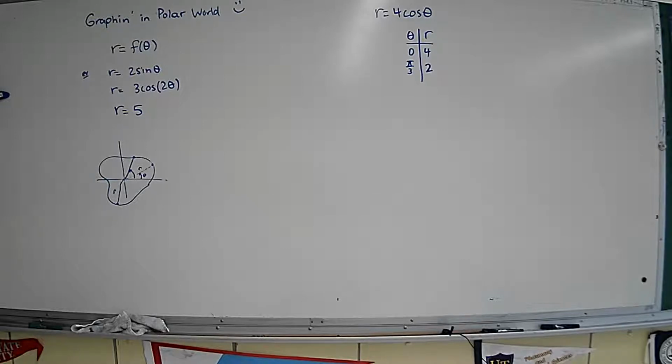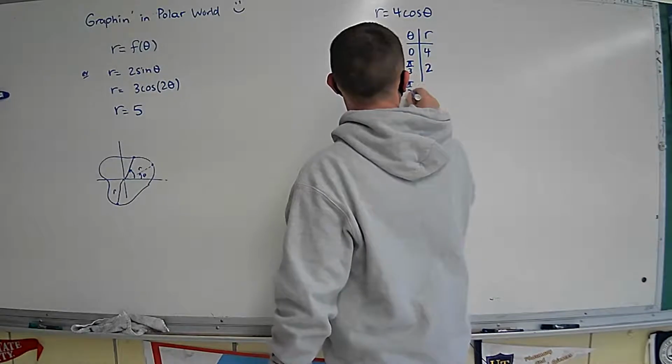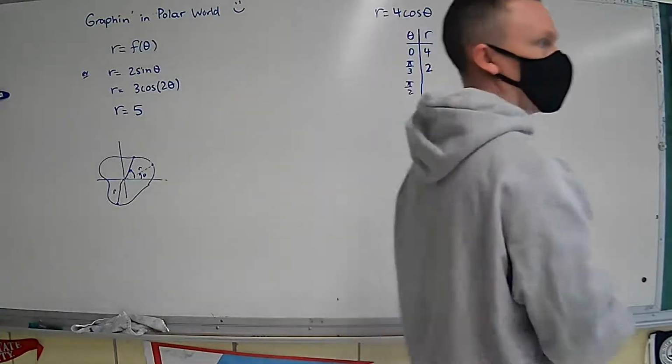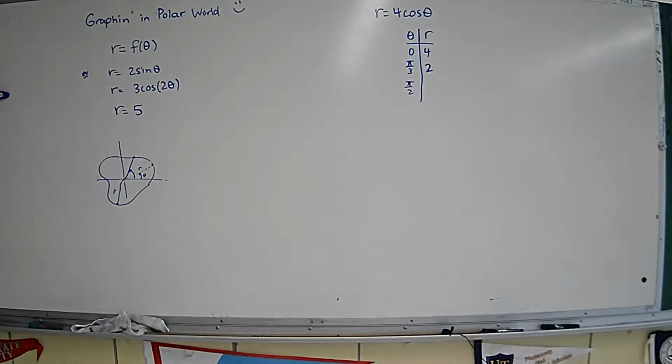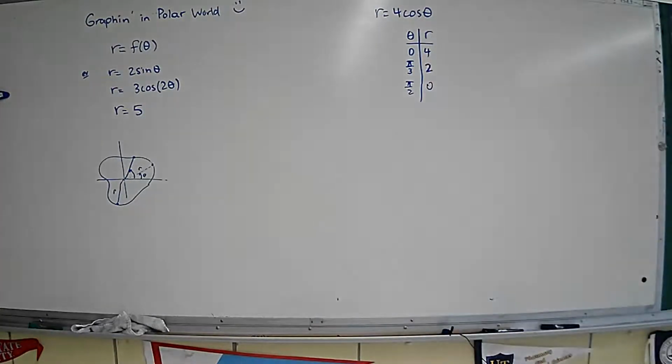What is r at pi over 2? Zero. R at pi over 2 is 0 because the cosine of pi over 2 is 0. So notice, if I sweep theta from here to pi over 2, we're back at the origin.